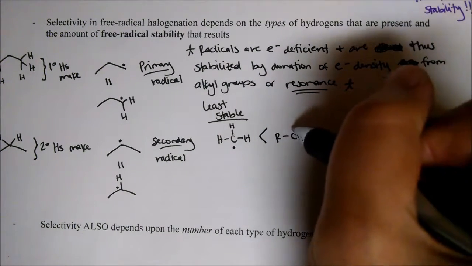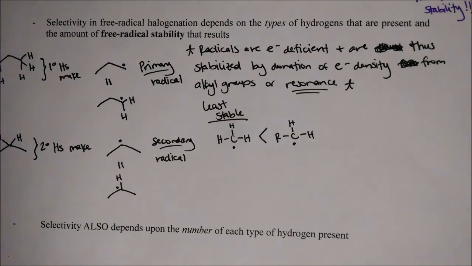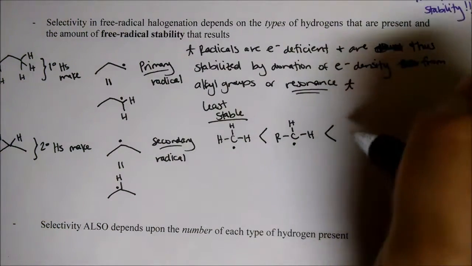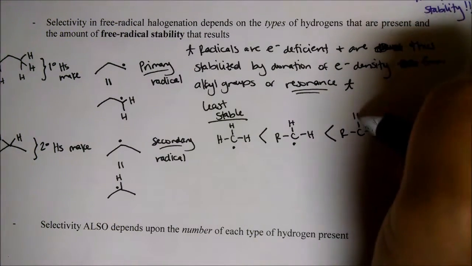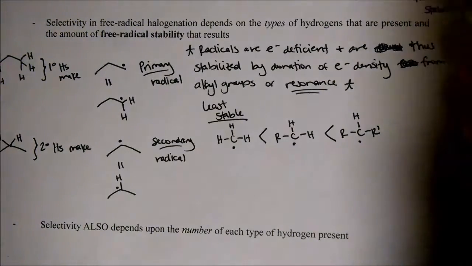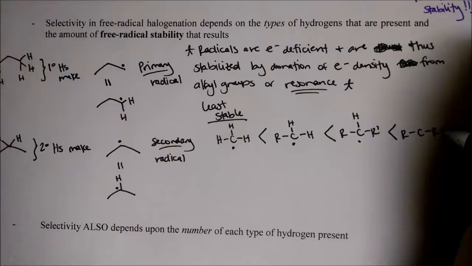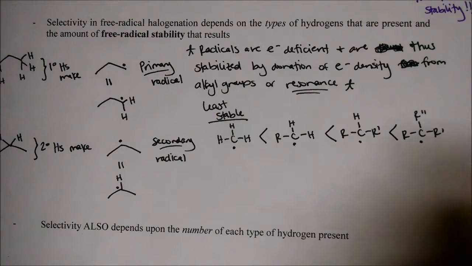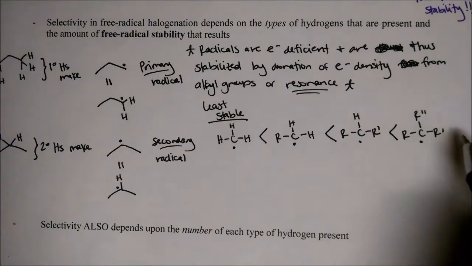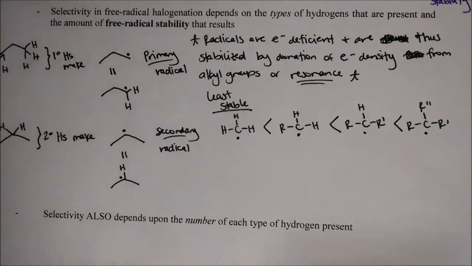It's a primary, because we're only bound to one other carbon that can donate electron density, followed by a secondary radical. And now the more stable ones are the tertiary radical. Then we can also do benzylic, or sorry, next to an aromatic group, or allyl. That's in your homework. We can go over that.